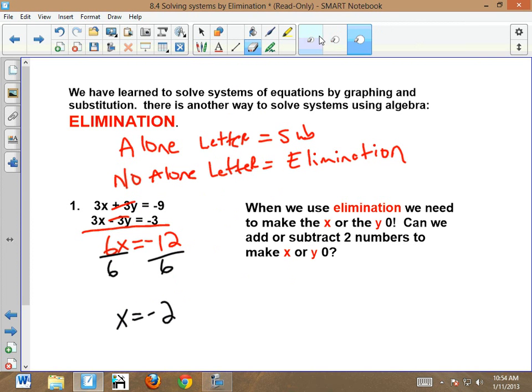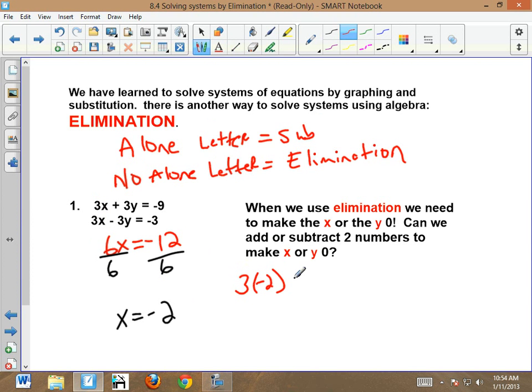So now that I know what x equals, I can find my y very easily. I take either one, it doesn't matter which one, and I use 3 times negative 2 plus 3y equals negative 9. Negative 6 plus 3y equals negative 9. 3y equals negative 3. y equals negative 1.